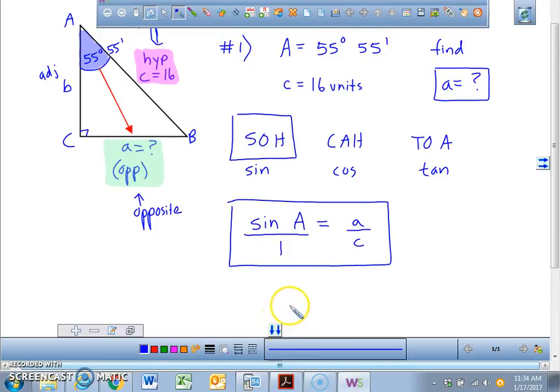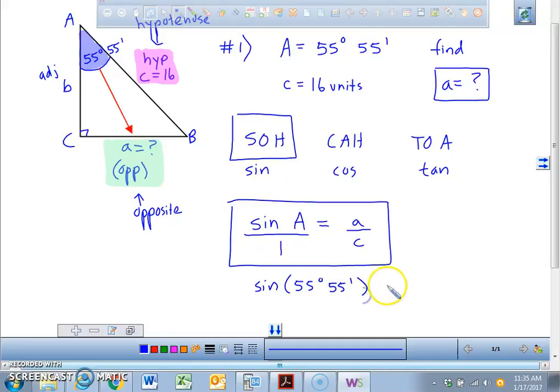Now, capital A, we were given a certain specific measure that goes with capital A. And that measure is, everybody, 55 degrees and 55 minutes. And that is equal to lowercase a, which is, I don't know, over lowercase c, which I do know is 16.